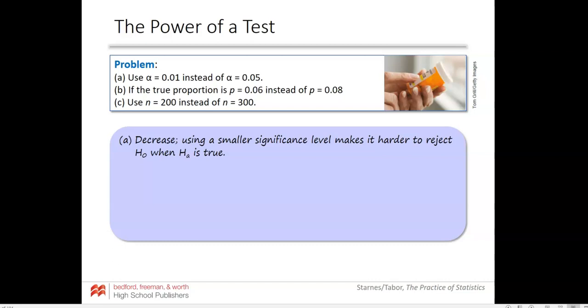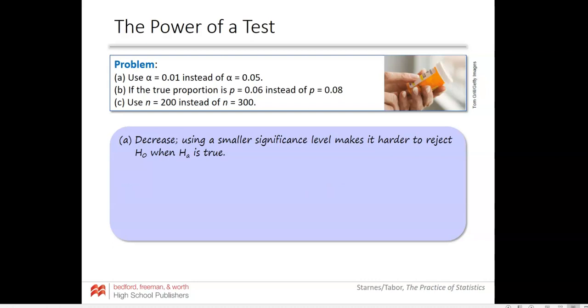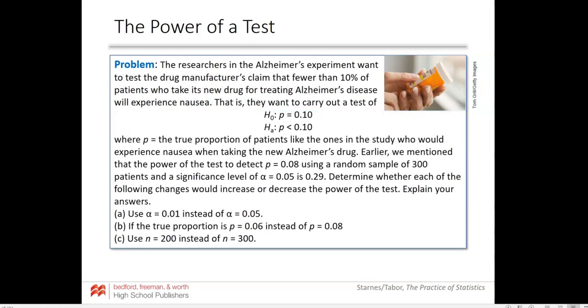Second, if the true proportion is 0.06 instead of p equals 0.08. That's not as obvious. It's increased because it's easier to detect a bigger difference between the null and alternate parameter. If you look back at the question, the null is 0.10, so 0.06 is more extreme.